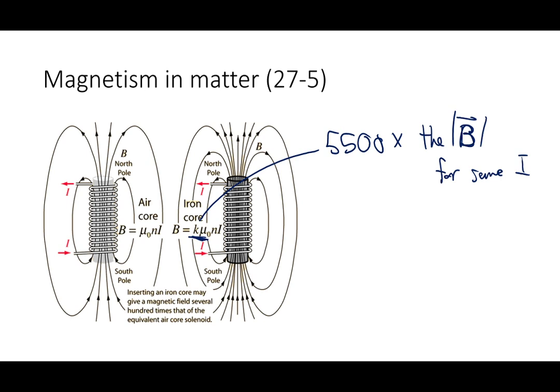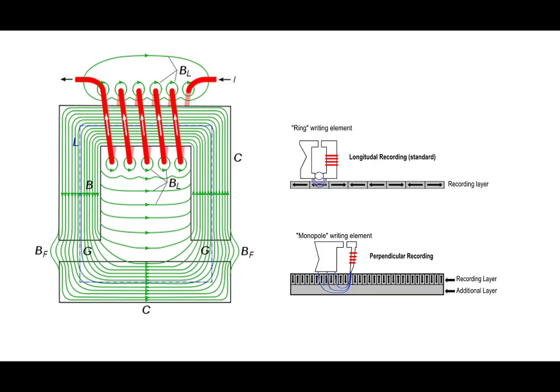And not only does this kind of solid have the effect of strengthening the magnetic field, it also has a way of channeling the magnetic field. Last day we showed you the application of a hard drive write head.